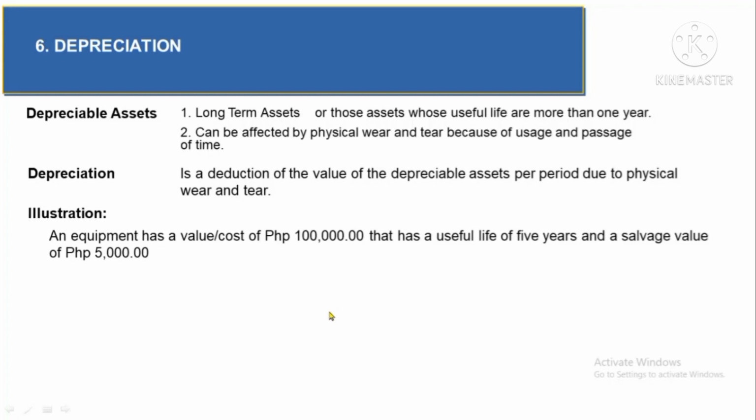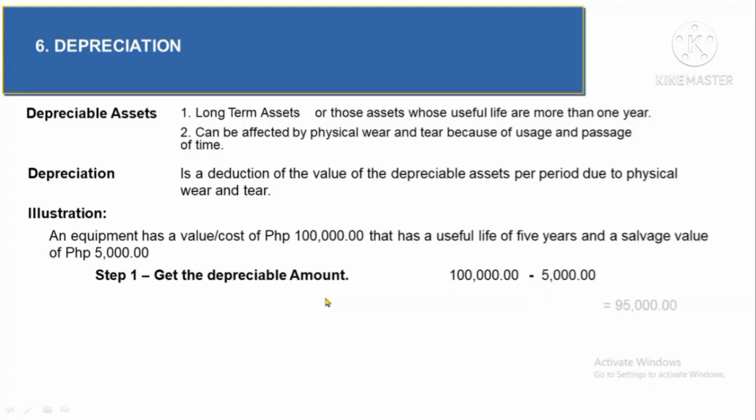To compute the depreciation expense, step 1 is to get the depreciable amount. We have the historical cost of 100,000, but since the problem provided a salvage value, you deduct that 5,000 and you have the depreciable amount of 95,000. Sir, what is this depreciable amount?